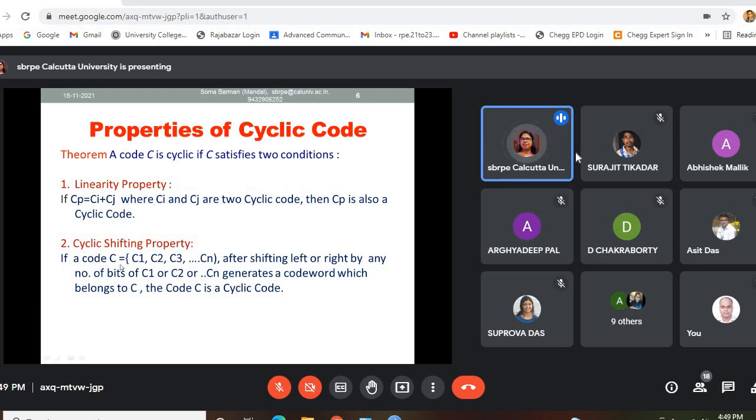The cyclic shifting property is: if I consider a code C containing the code words C1, C2, C3 up to Cn, then after shifting left or right by any number of bits, C1 or C2 or Cn generates a code word which belongs to C. Then the code is a cyclic code.